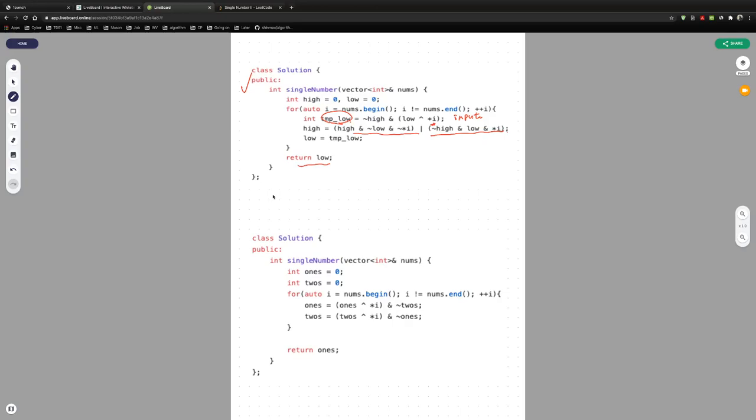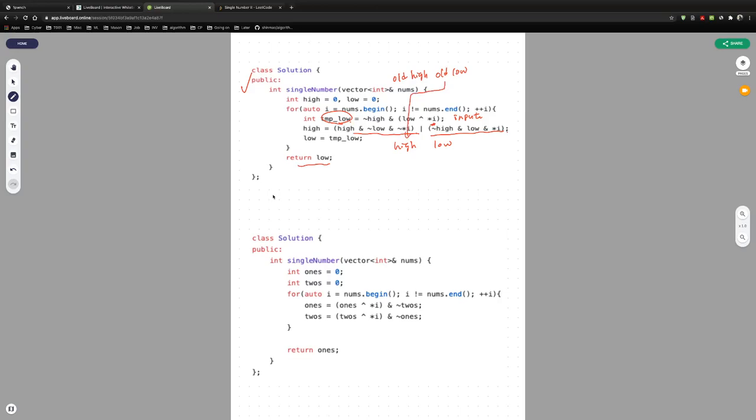Okay, I will use the words high bit, low bit, old high, old low. So our high bit depends on the old low bit.